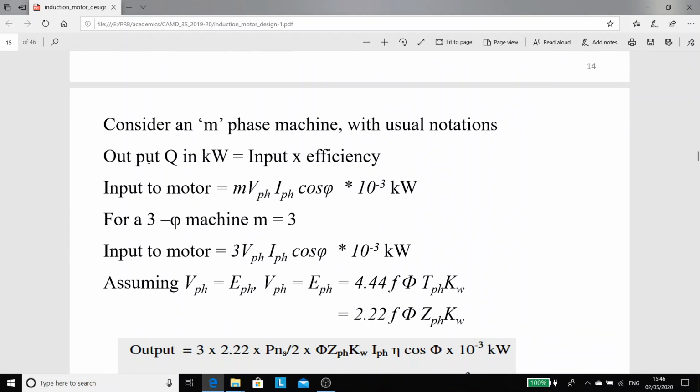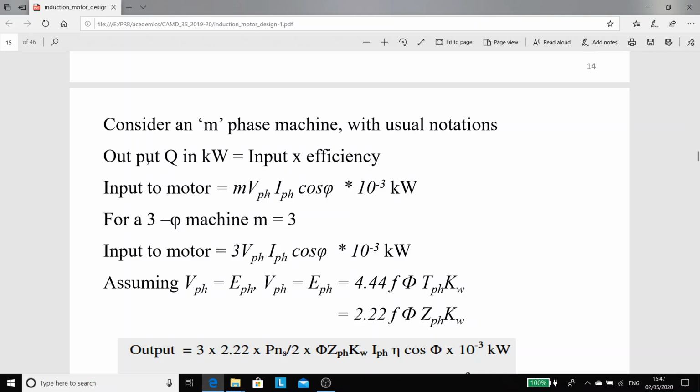Now we know generally for any induction motor, the specifications are either given in kilowatt or sometimes they may be given in terms of horsepower. If it is given in horsepower, first we need to convert it into watt or kilowatt.